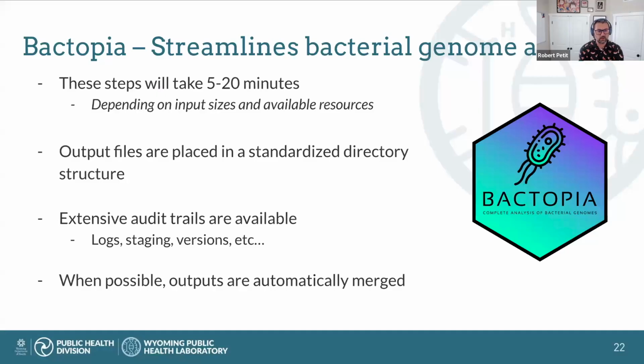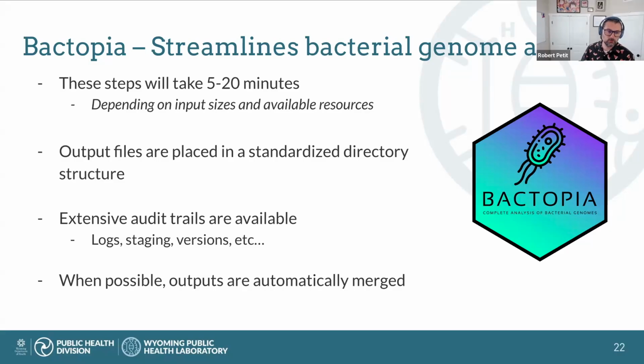This will take 5 to 20 minutes, depending on how much you sequenced. Obviously a 50x coverage sample is going to take less time than a 200x coverage. But during that QC step, we will reduce to a maximum of 100x coverage because we've found that after 100x, it's diminishing returns. You're spending more time to get very similar results.